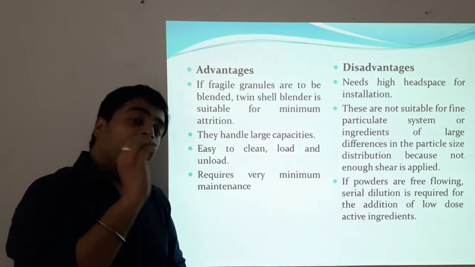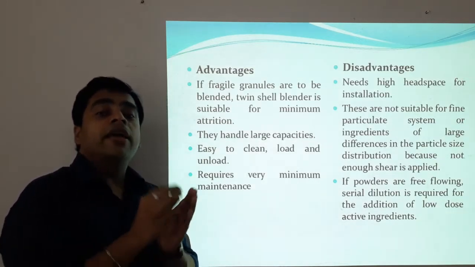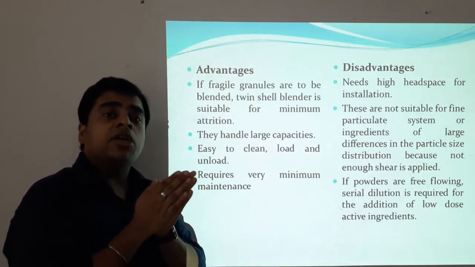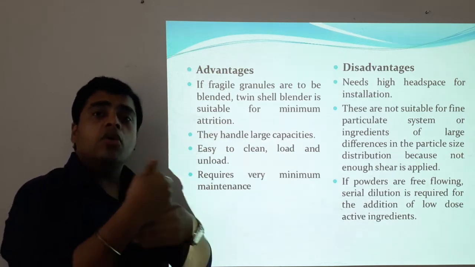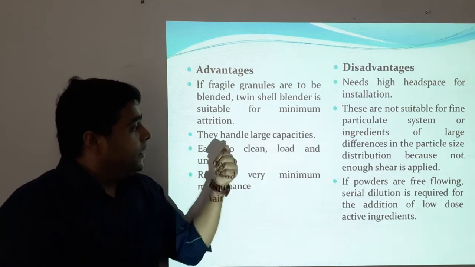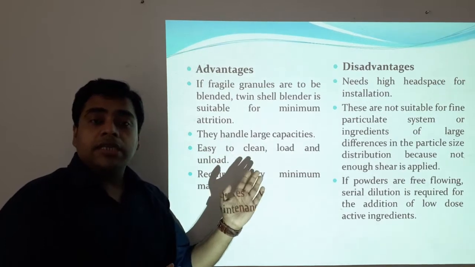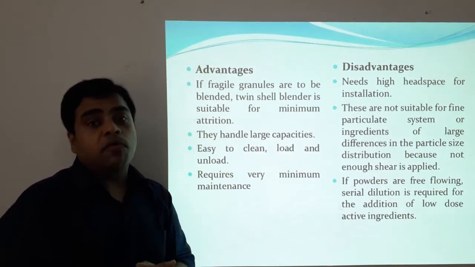Because if the granules are quite fragile, we have to avoid particle collision. The twin shell blender provides a V-like shape action, so attrition is quite minimum. They can handle large capacities of powders. The tumbling mixers can handle quite a good load of powders.